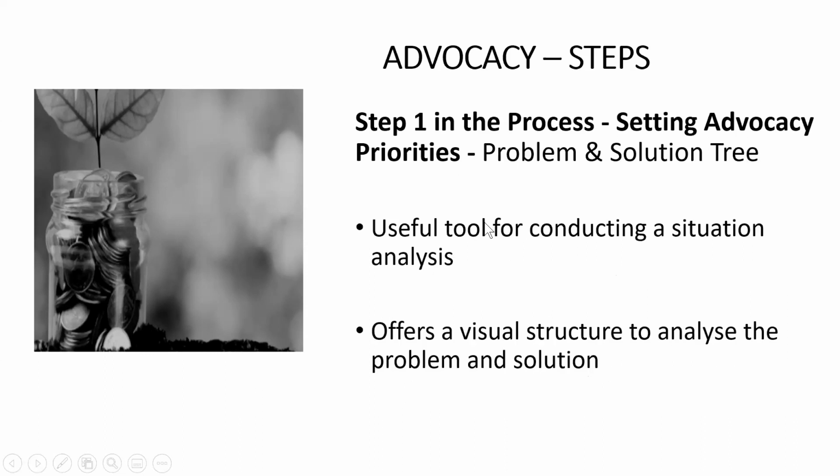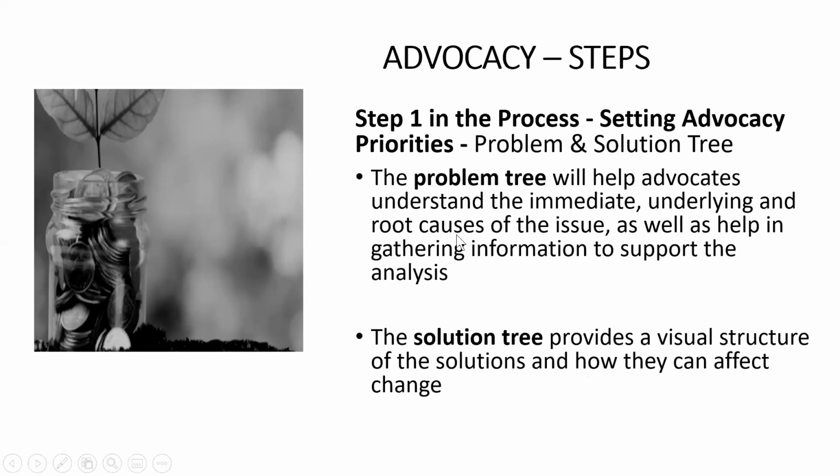So one of the tools that you can use, and this is one that we introduced in worksheet 1, is the problem and solution tree. What this does is it offers a very visual structure for which you can start to analyze, to take a look at the problem, analyze the situation, and come up with solutions. So the problem tree usually helps you to understand the immediate and underlying causes of a particular issue.